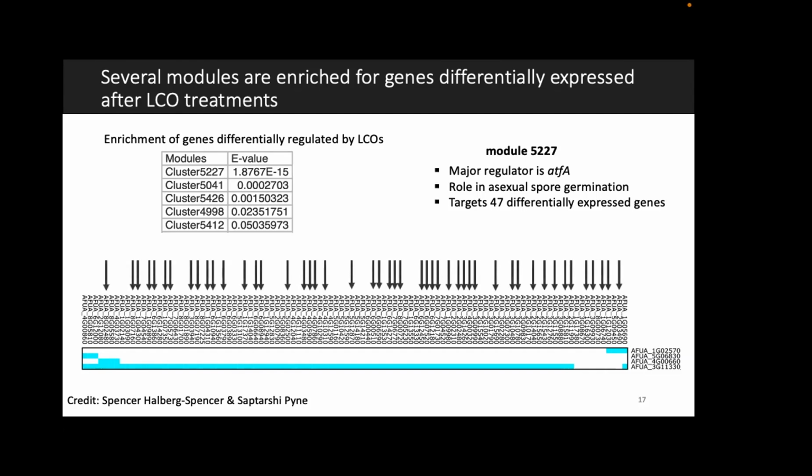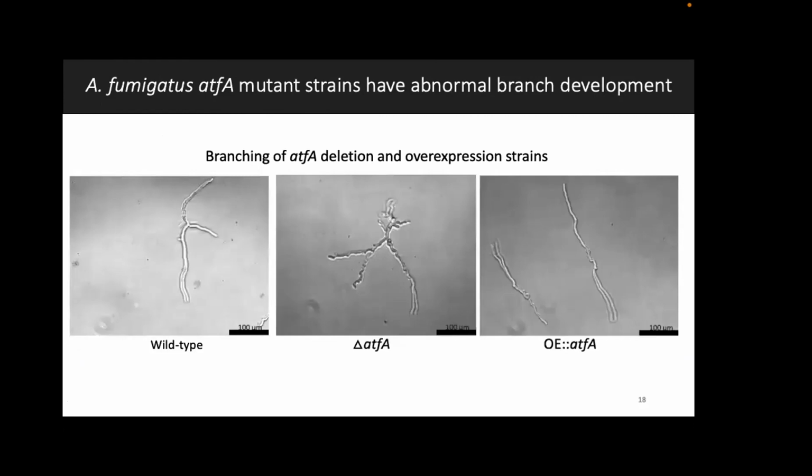Yeah, and those are the genes that were mapped to this module. So I acquired mutants, a deletion mutant of ATFA and an overexpression ATFA on the right side, compared to the wild type.